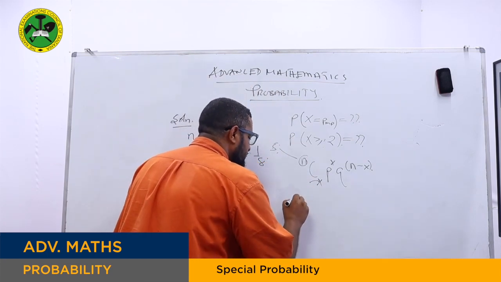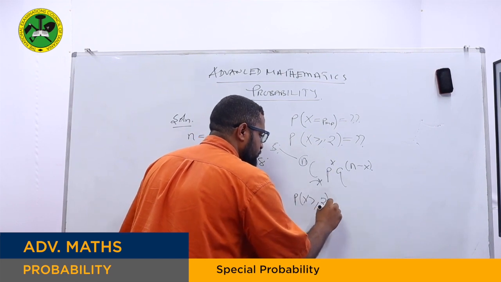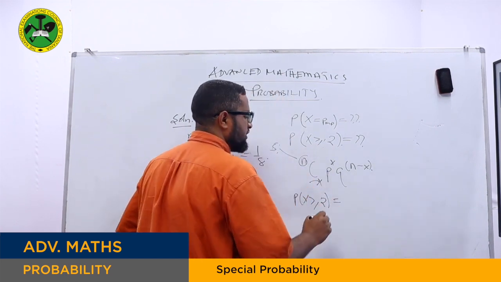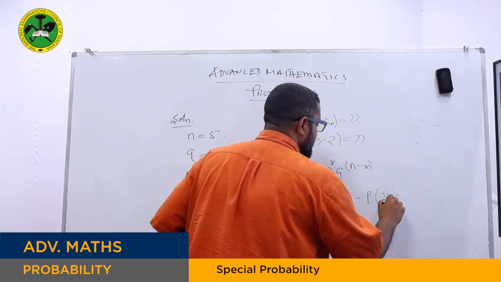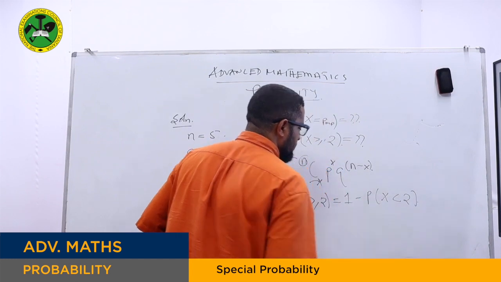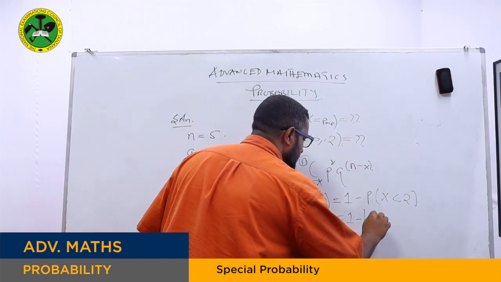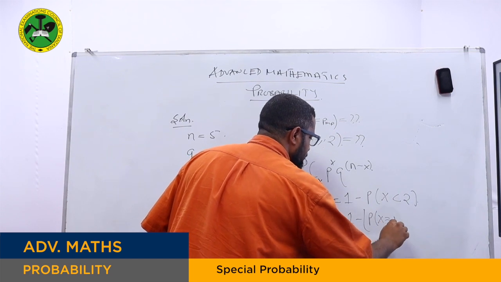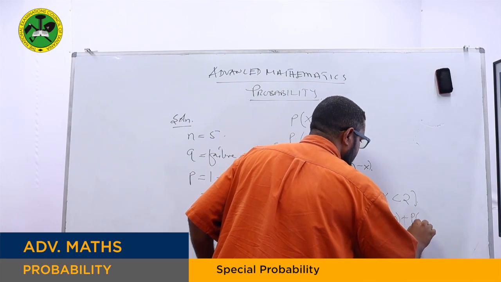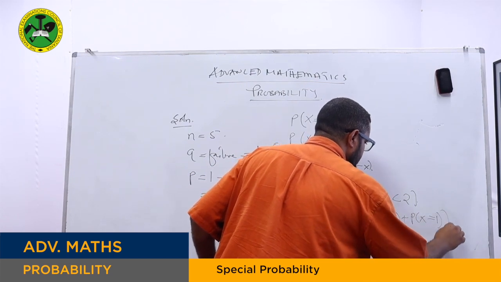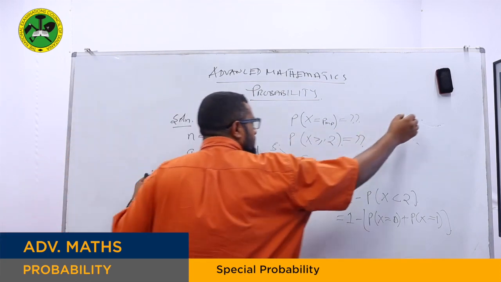Now, to find the probability of x greater than or equal to 2, it's the same as taking 1 minus the probability of x less than 2. That is 1 minus the probability when x equals 0 plus the probability when x equals 1.